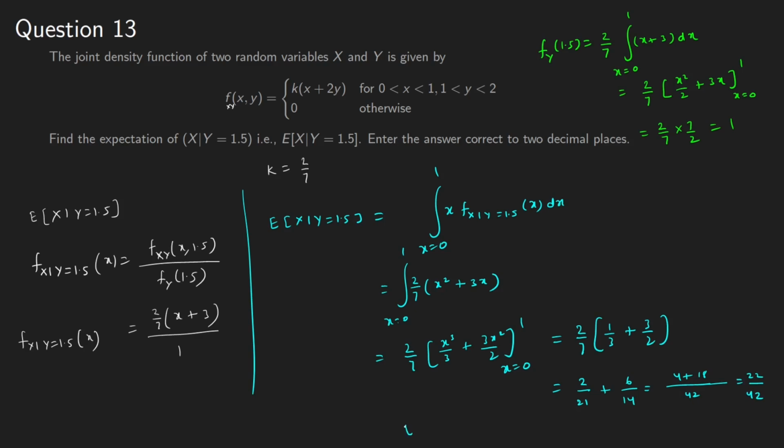So the expected value of x given y equals 1.5 is equal to 11 by 21. If we calculate it, 11 by 21 is equal to 0.52. So this is the expected value of this conditional random variable x given y has taken value 1.5.